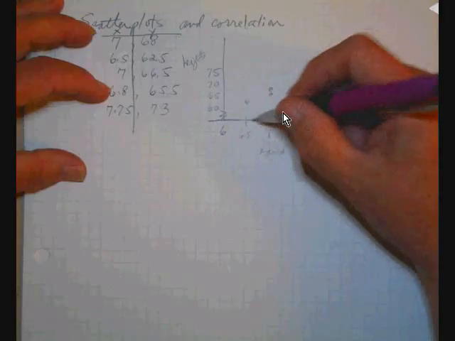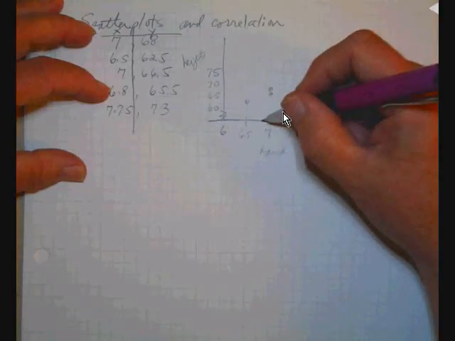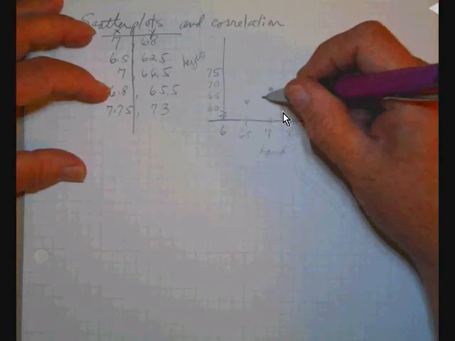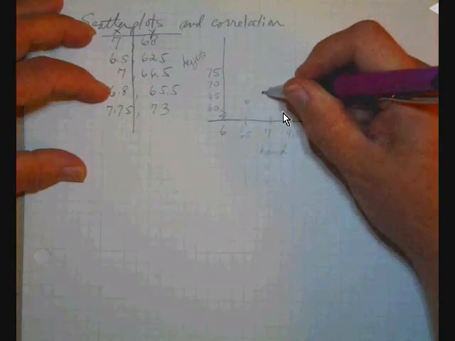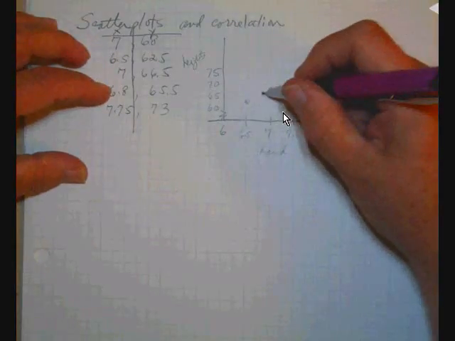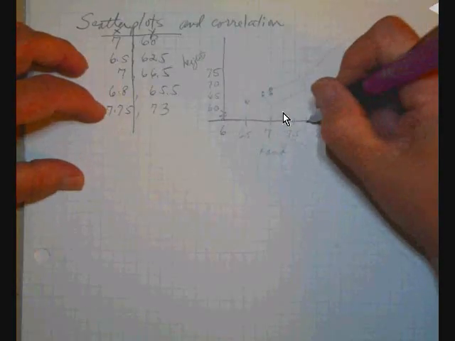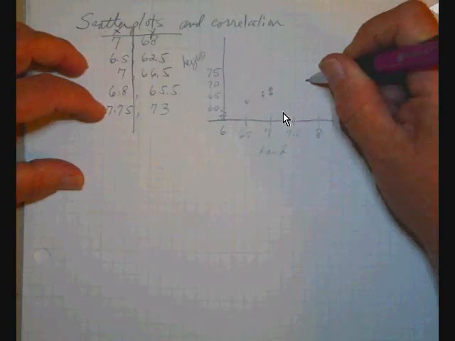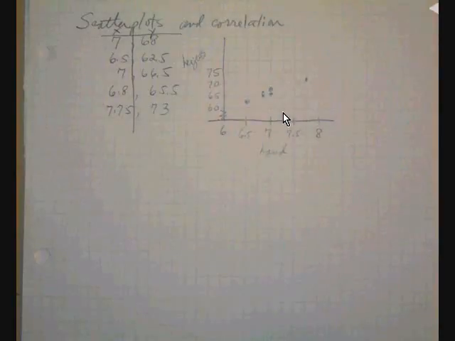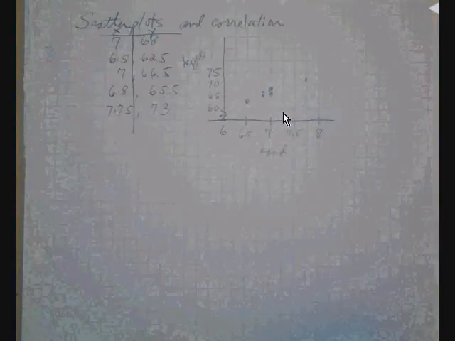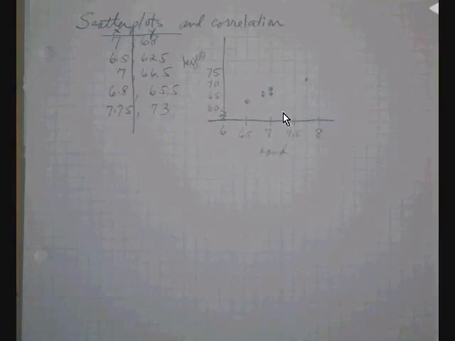So that's 7.5, so about there, and up 65.5, right there. Oops, should be a little lower than that last one. And over 7.75 and up 73. And there's my scatter plot, and from there, I'm going to describe this relationship.